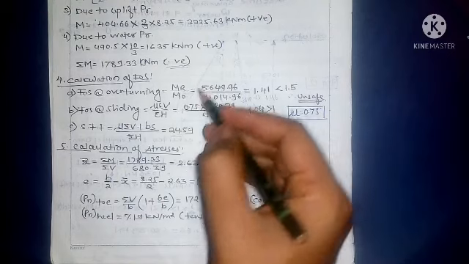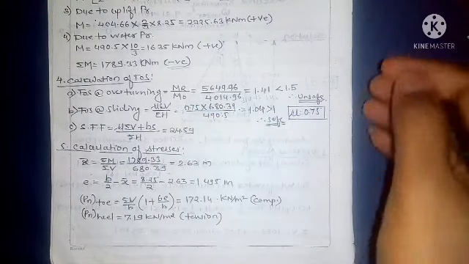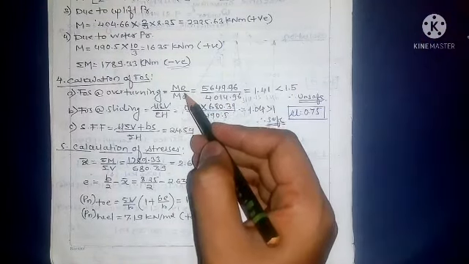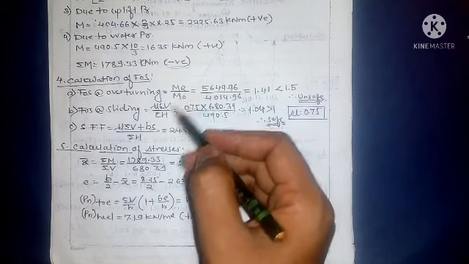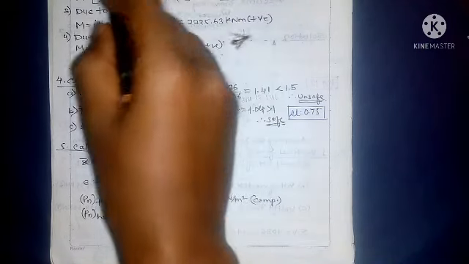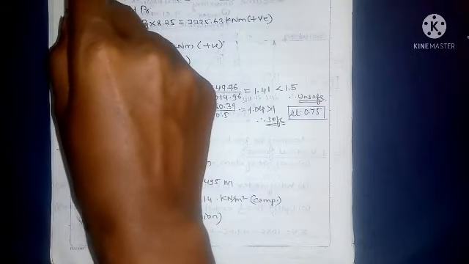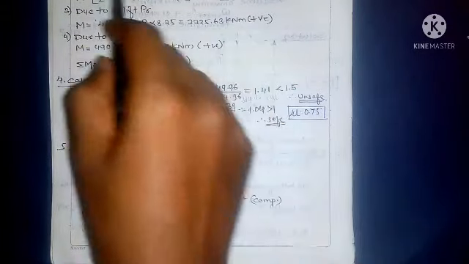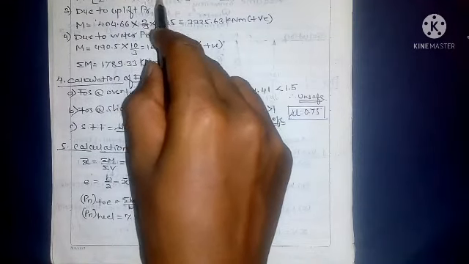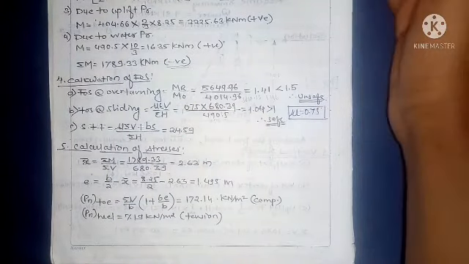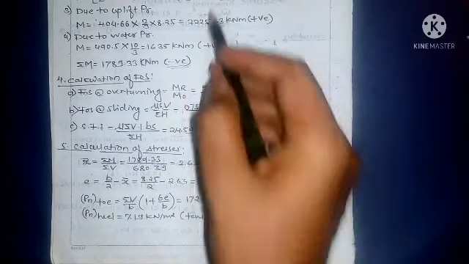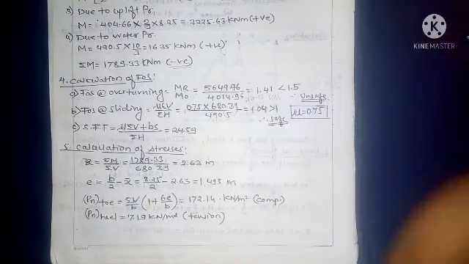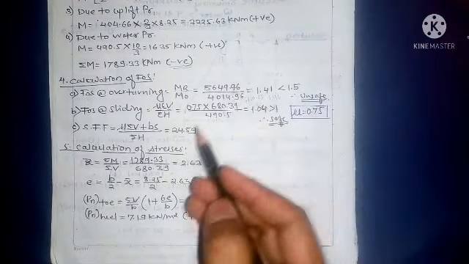Resisting moment, who will resist? The weight of the dam will resist. So consider here the moment due to self weight of the dam, and also the moment due to the column of water, that is A dash B, that is all the negative moments. So consider this.